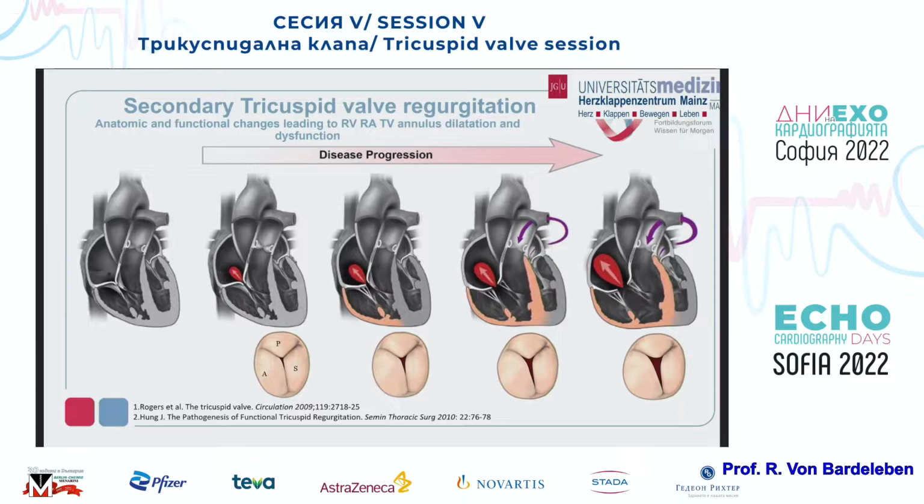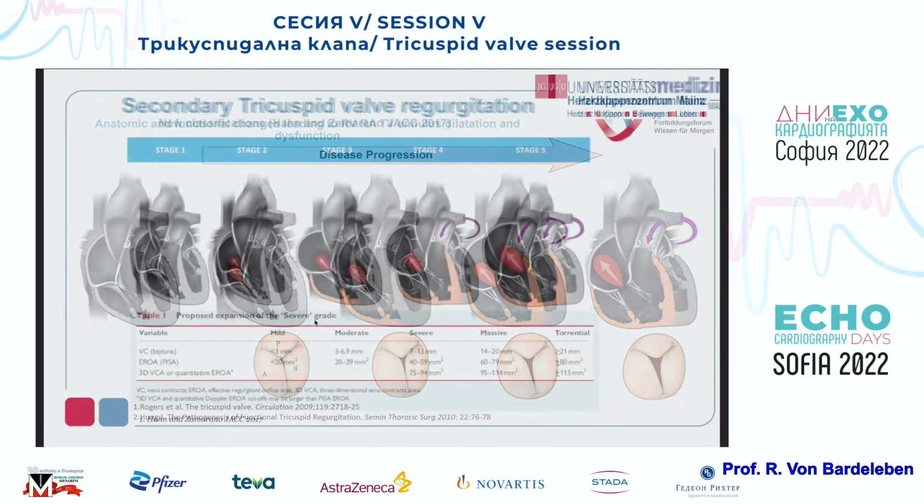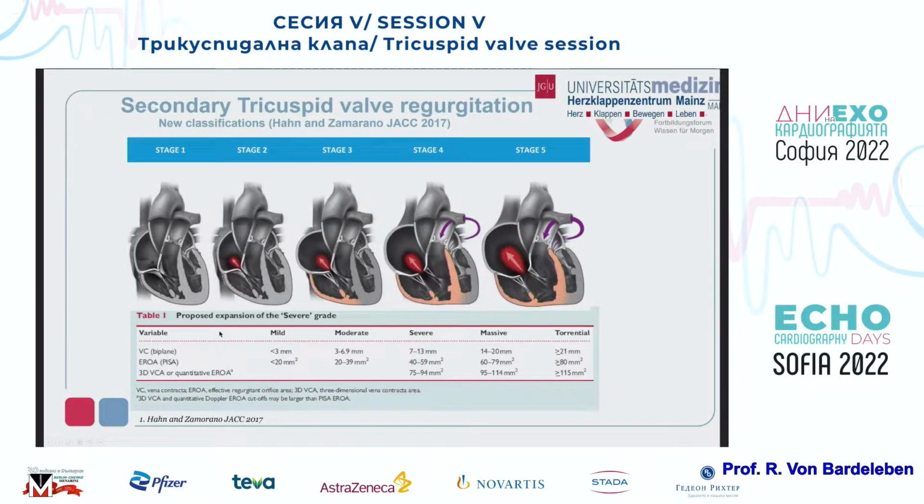It's much larger than the dehiscences that we know from the mitral valve. So the effective regurgitant orifice area of the valve can be between 0.4 up to 3 square centimeters, and this is something that would not be compatible with life in the mitral valve. There has also been a proposed new grading that Pepe Zamorano and Becky Hahn will elaborate on in further detail.